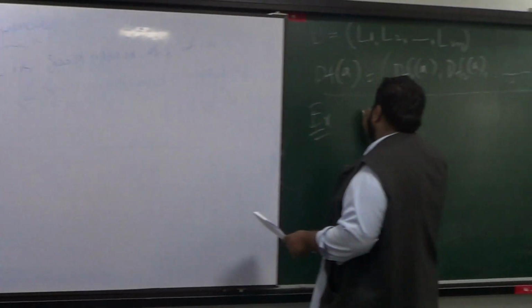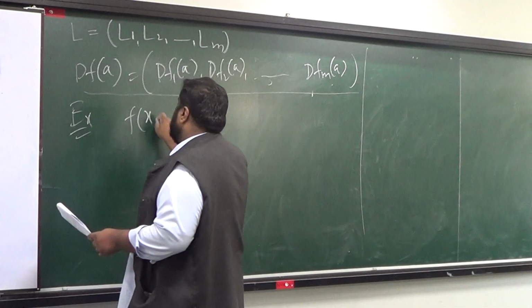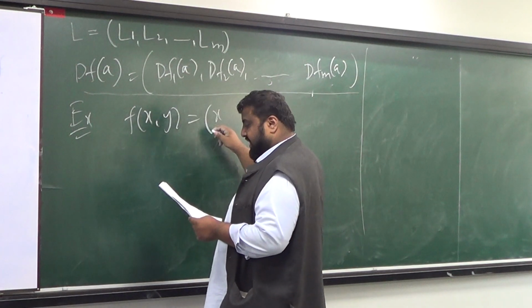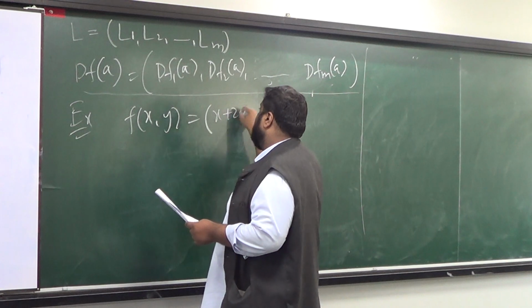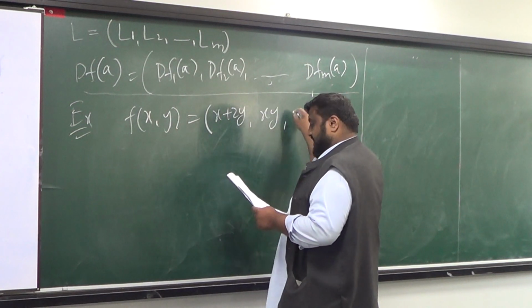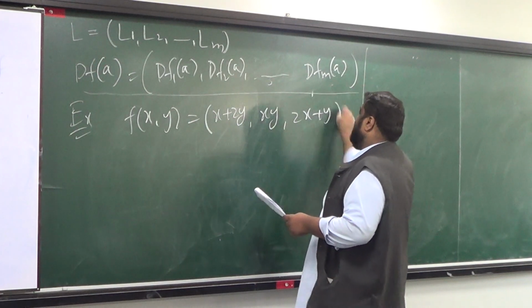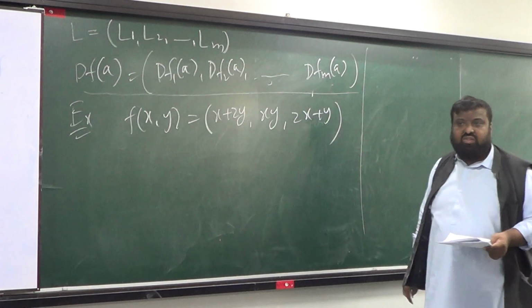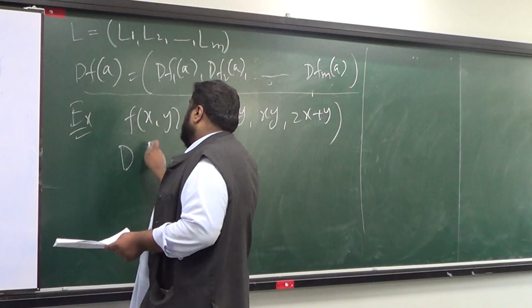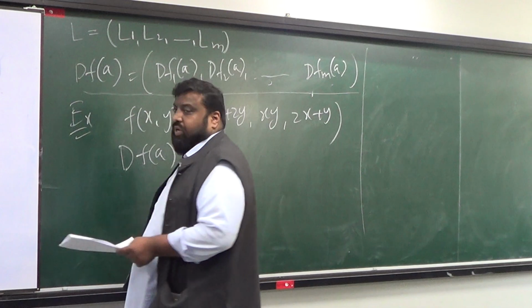Here's an example. I have a function f of x, y equal to x plus 2y, x y, and 2x plus y. So it has three component functions, and I would like to find the Fréchet derivative of the function at point a.